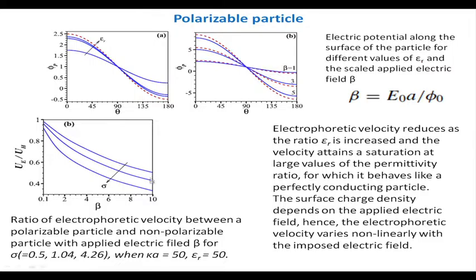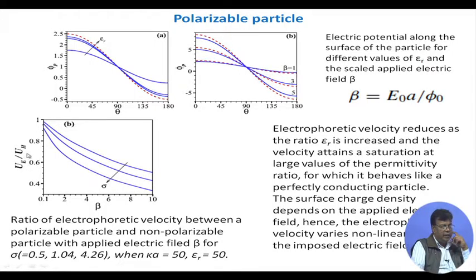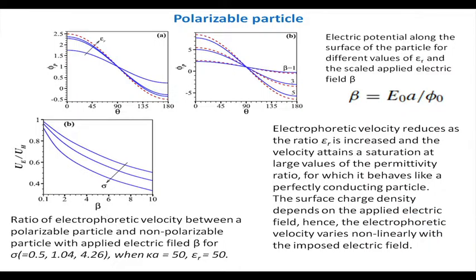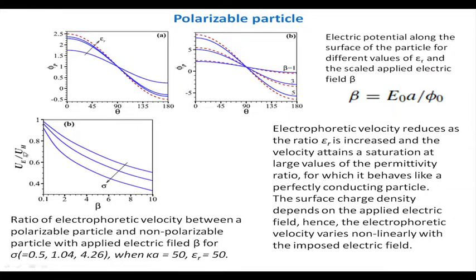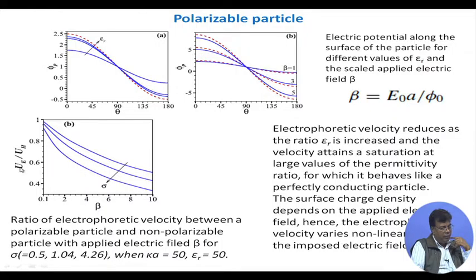What we find is that a great deviation occurs, and the deviation is prominent where sigma is large and the electric field is large. This is the scaled electric field. So, as the electric field becomes higher, the deviation becomes significant between the polarizable and non-polarizable particle.